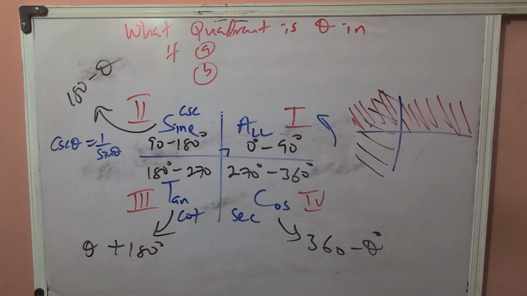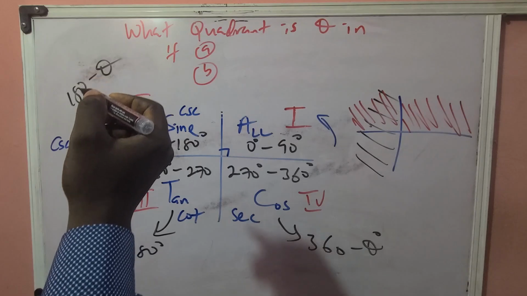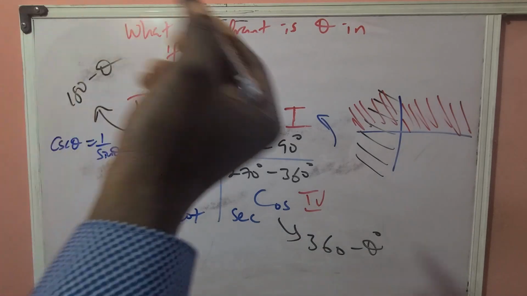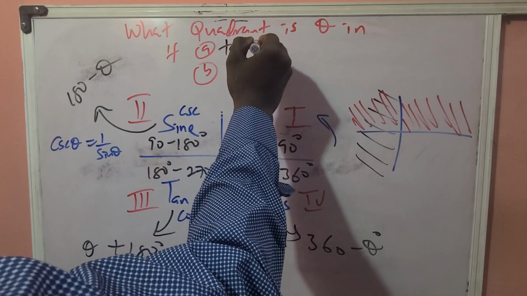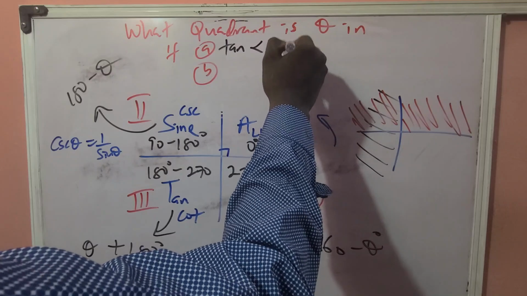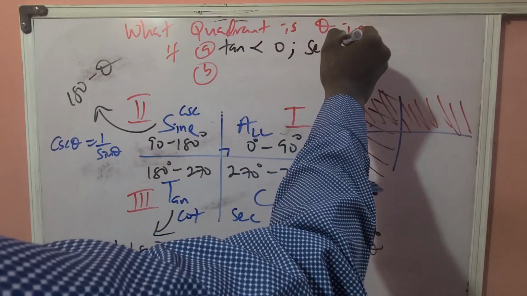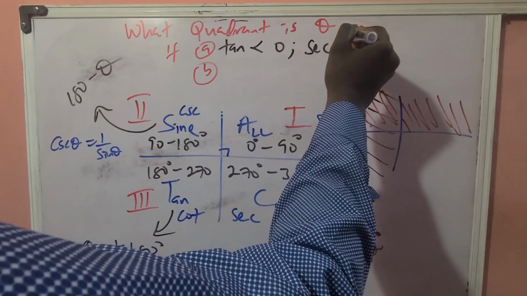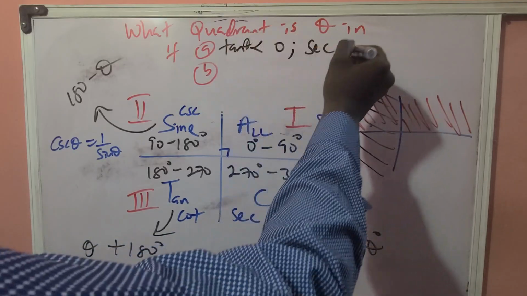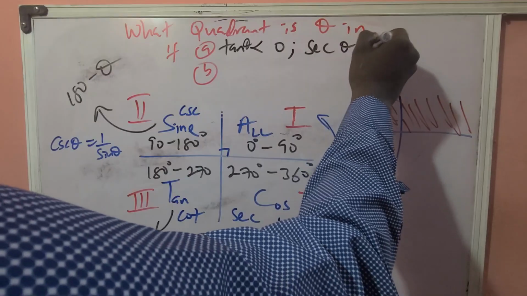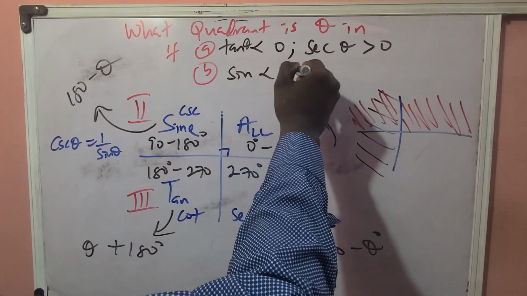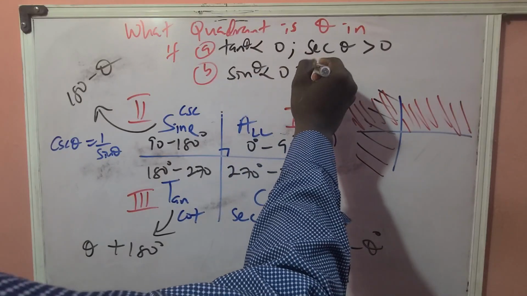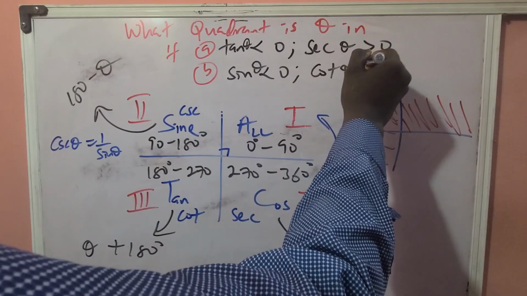So I have this question for you very quickly. I would love you to tell me what quadrant theta is in, where the tan of an angle is less than 0 and the secant of an angle is greater than 0, and also the sine of an angle is less than 0 and the cot of an angle is greater than 0.